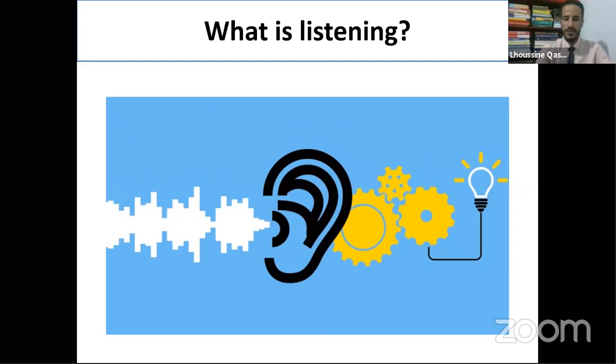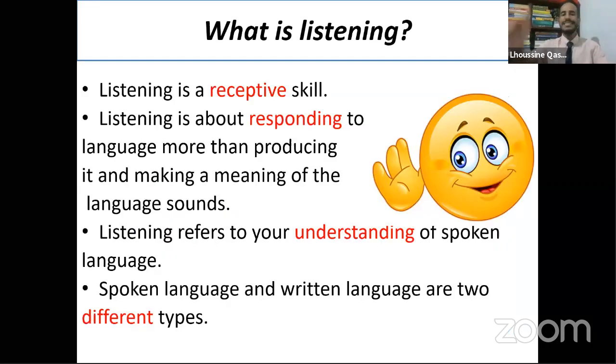Very interesting points we have mentioned. Good, now listening number one is a receptive skill. When we talk about teaching English as a foreign language or as a second language, listening is receptive; we categorize it that way. Number two, listening is about responding to language more than producing it, and making meaning of the language.